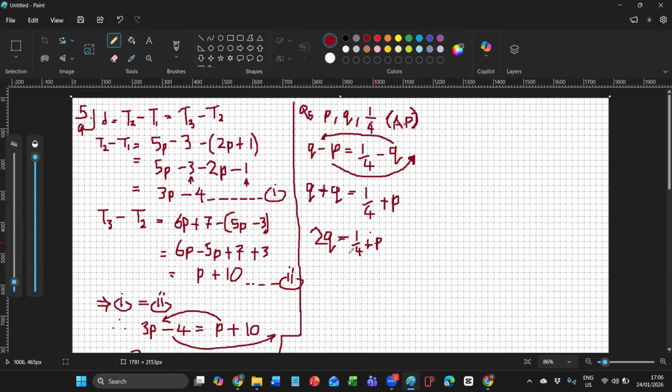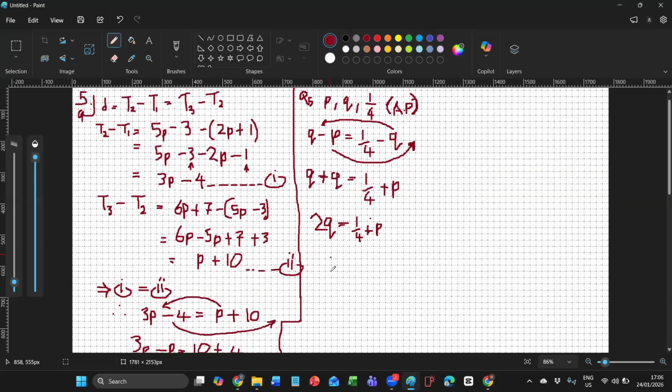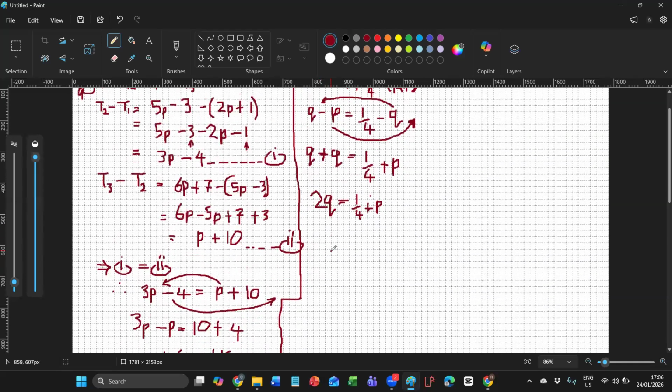Can you see what we have now? Would you agree with me that we are still one step away from the answer? Because of that 2 in front of the Q, we need to do something to take care of that 2. What should we do? Divide.